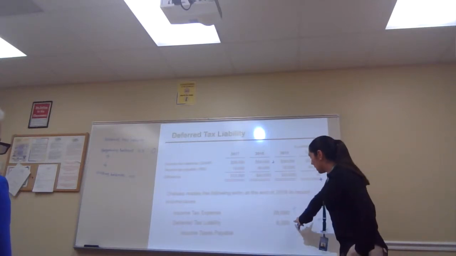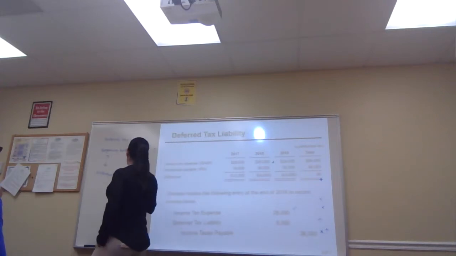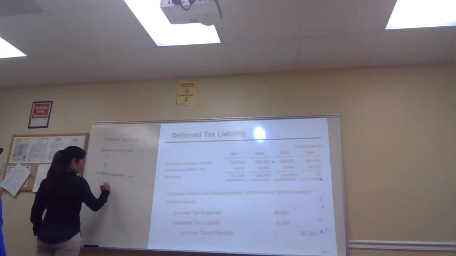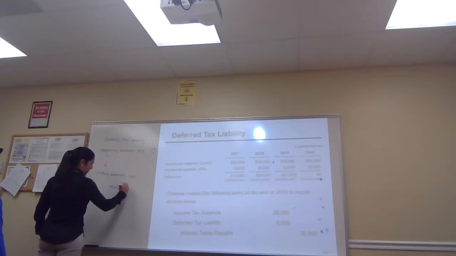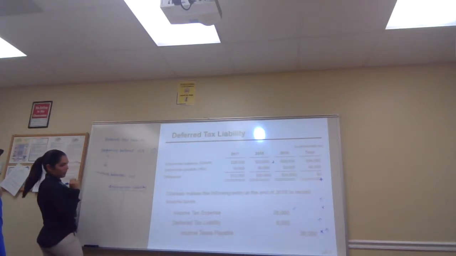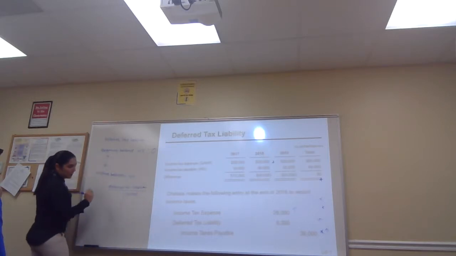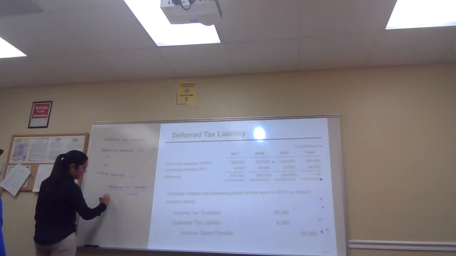Because what's going to happen now is your deferred tax liability started at $16,000. So we go to your T account. It started off at 16,000 as a credit balance. So now you're going to debit 8,000 here, which is the journal entry.